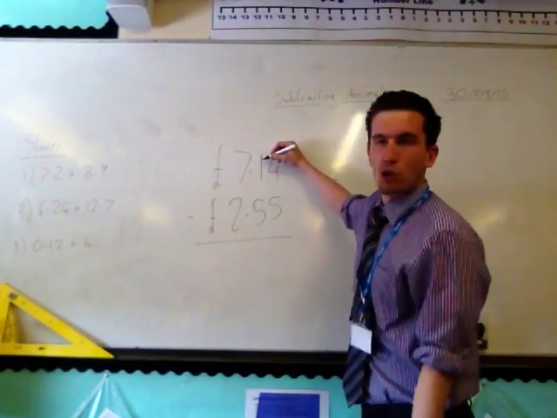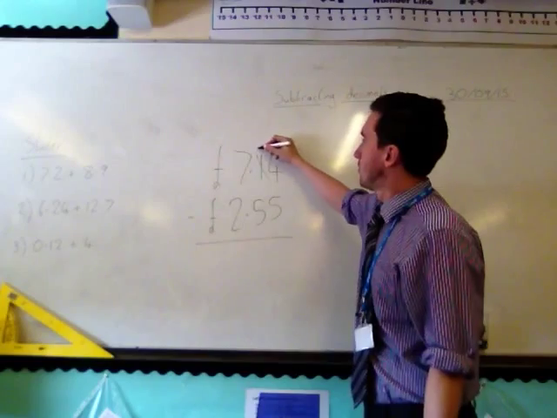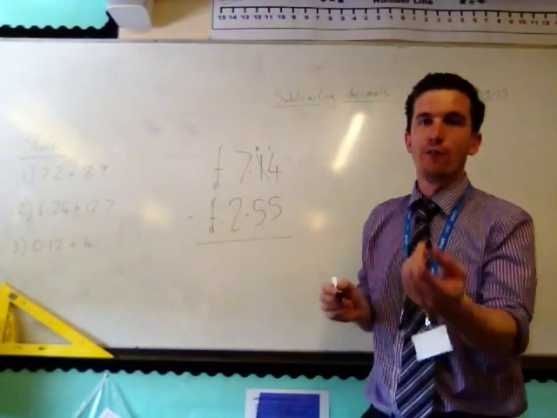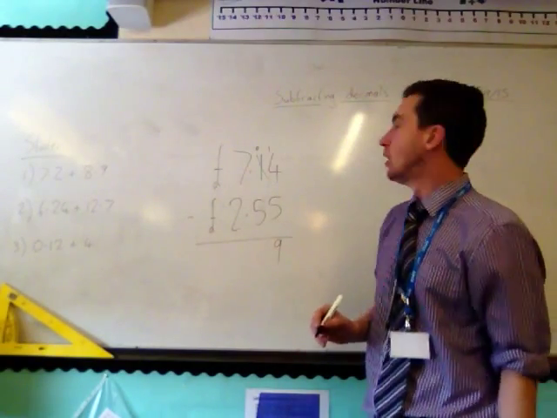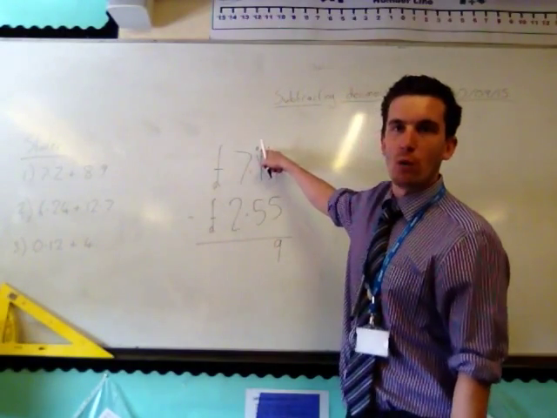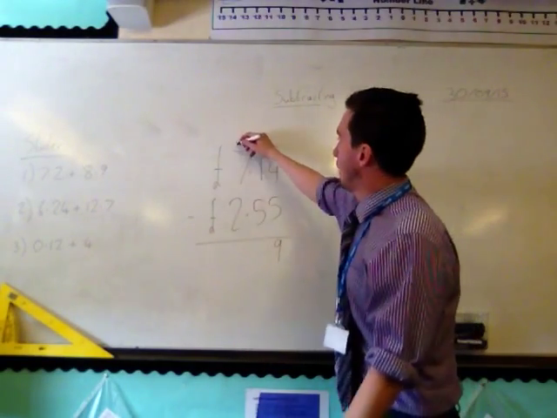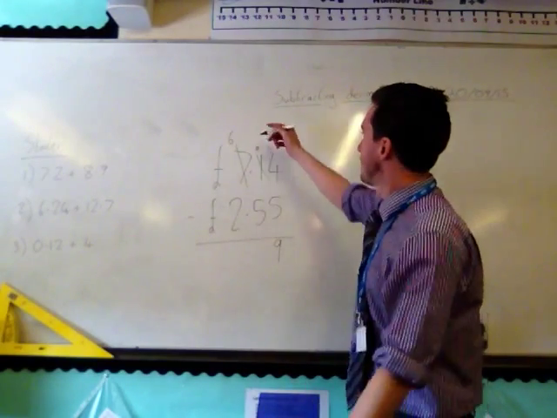So we look across to the next one. If there's one we can take from there, which there is, the 1 becomes 0. I'm going to take that 1, move it across, becomes 14. 14 take away 5, we can now do, is 9. We've now got 0 take away 5. We can't do that, so we go across again. We can take 1 from there, that's going to become 6. It was 7, it's now 6.